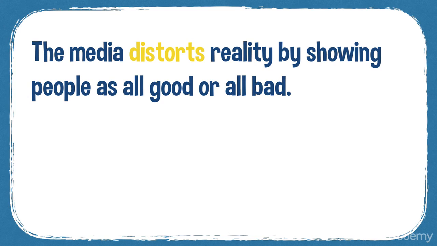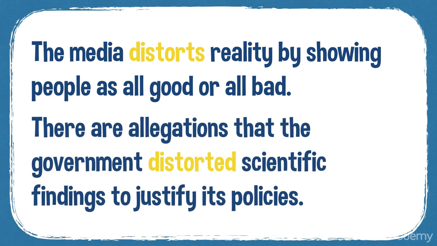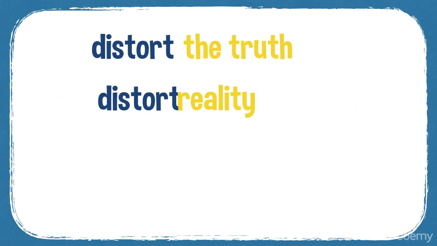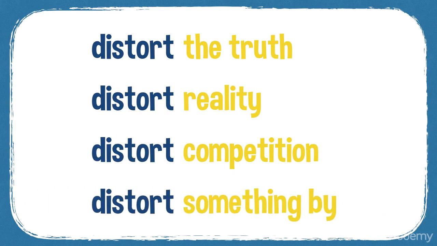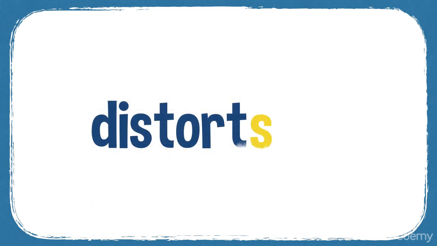They're distorting reality. There are allegations that the government distorted scientific findings to justify its policies. So you can distort the truth, distort reality, distort competition, distort things by doing things, by lying sometimes.